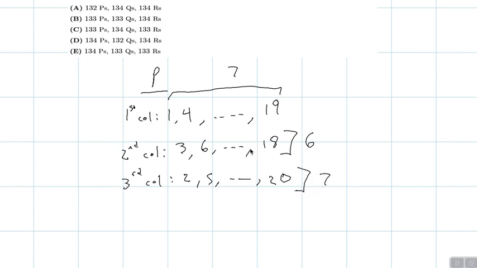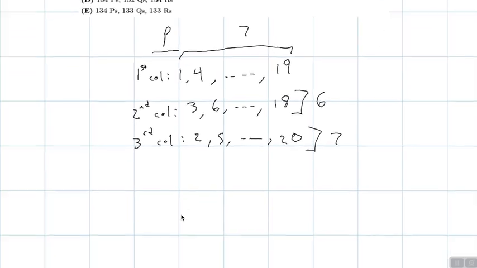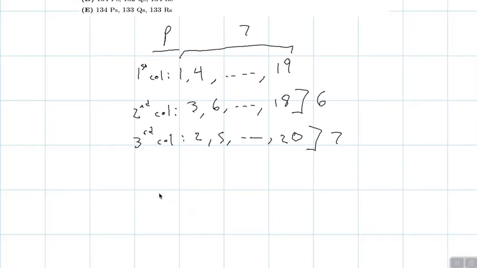And so the pattern is, as you go column by column, P shows up 7 times in the first column, 6 times in the second column, 7 times in the third column, and this pattern repeats. So 7, 6, 7, 7, 6, 7, all the way until you reach the 20th column.